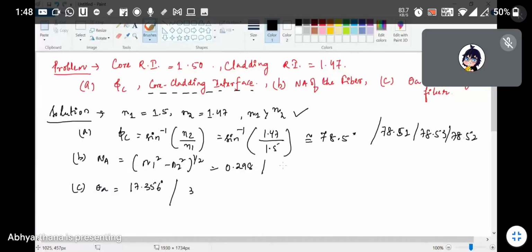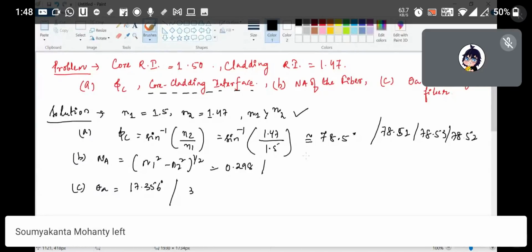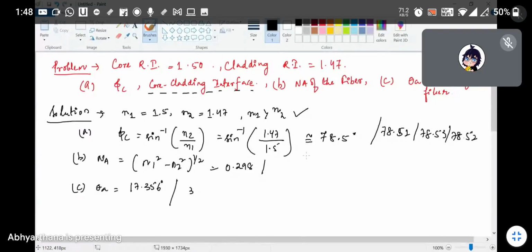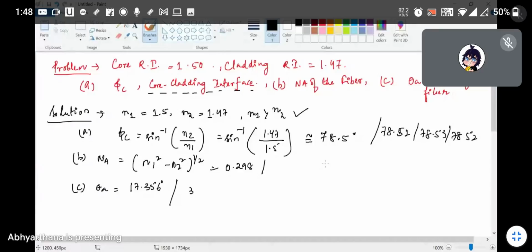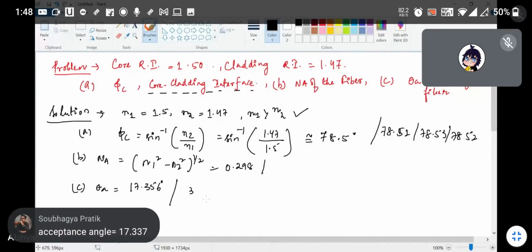But here, the expression for that n naught sine theta A was equal to n1 square minus n2 square to the half. You can check it if you have noted down. As per equation number 7, that was equal to n1 square minus n2 square to the root over, which is same as your numerical aperture.